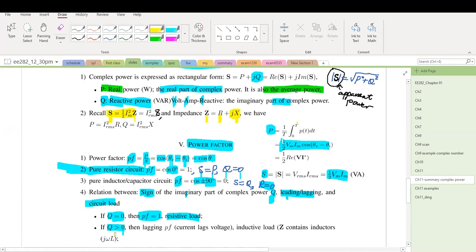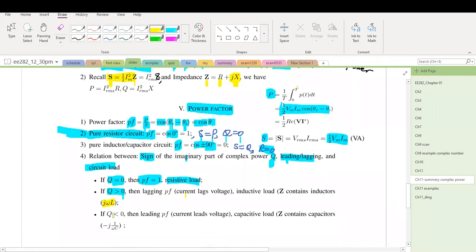Now, if Q is greater than 0, which means X is greater than 0, it is an inductive load, because Z contains an inductor component, which is j omega L. In this case, the current lags the voltage, because in an inductor circuit the current lags the voltage.